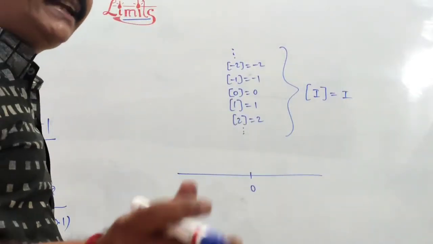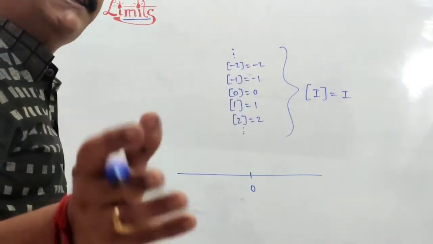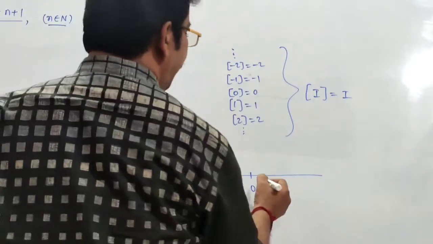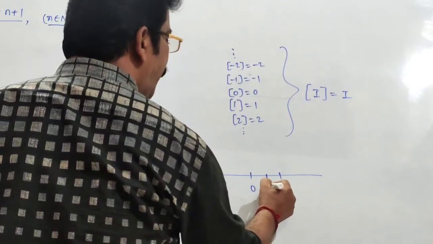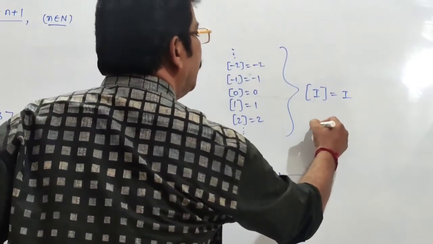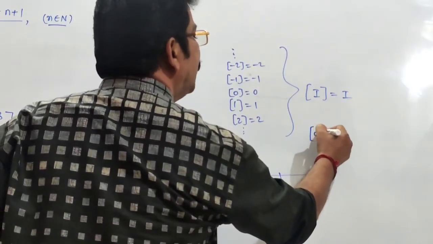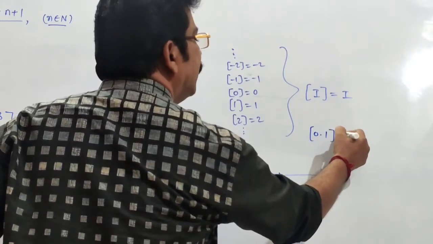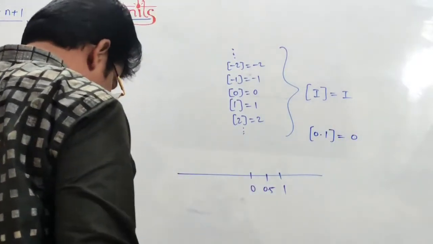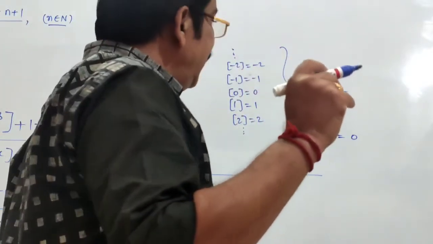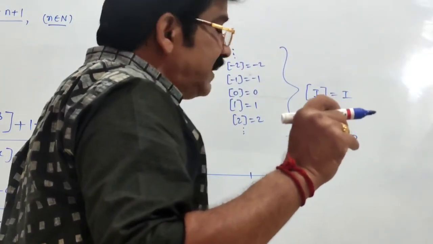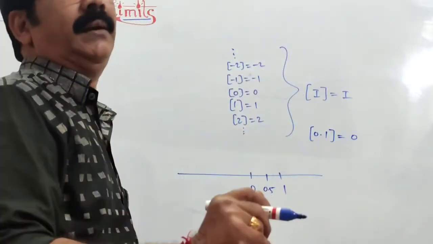Next, let us consider the decimal system. Listen. For example, this is 1. You come here, this is 0.5. So what about the box of 0.5? It is 0, because in the name of the function itself the concept is there.